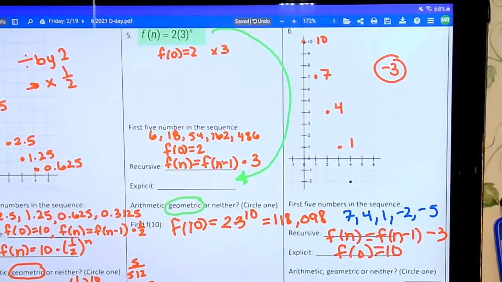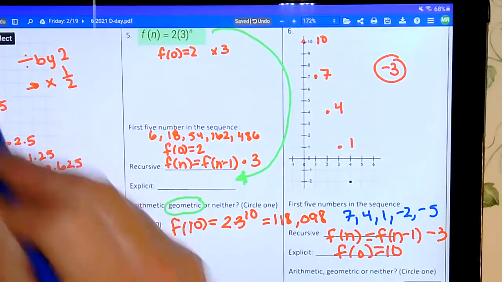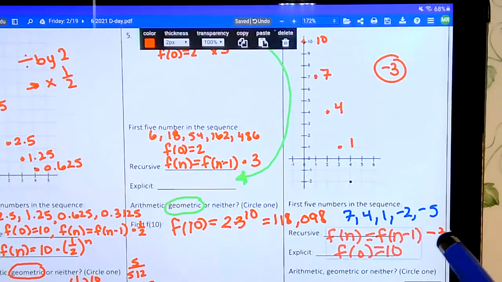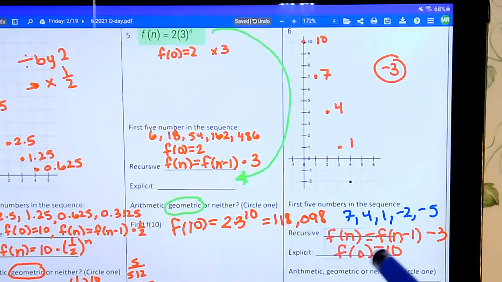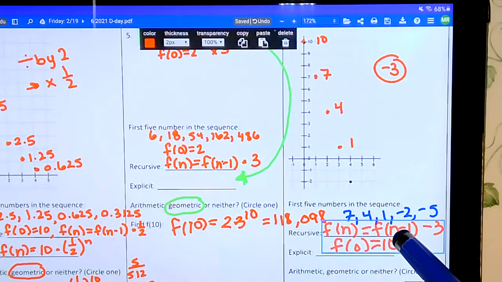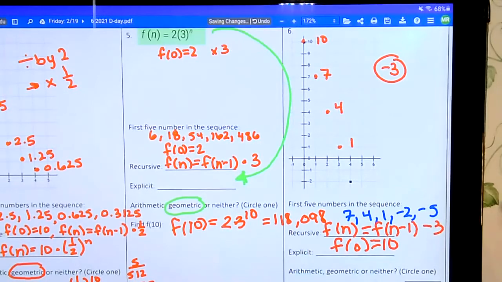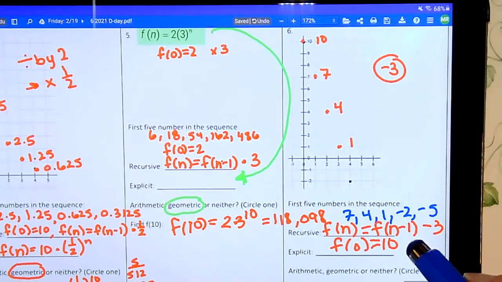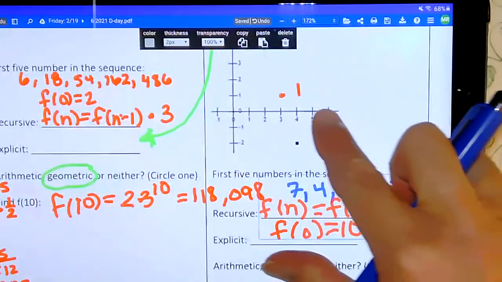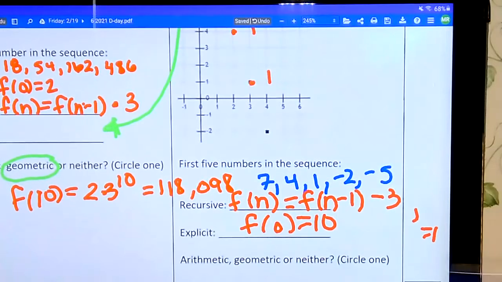And I'm going to move this up a little bit. Okay. Now my explicit one, I wrote too big here. Let me zoom in a little bit. And let me get rid of this. That was from before.